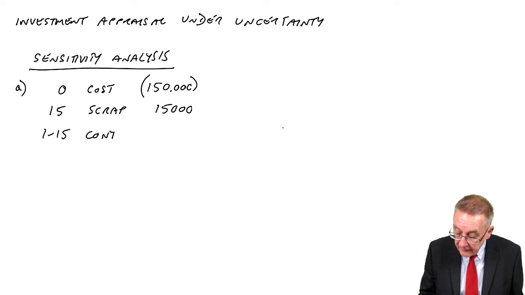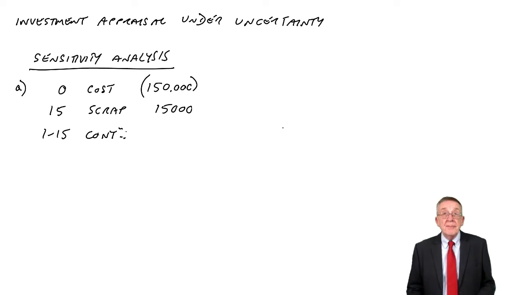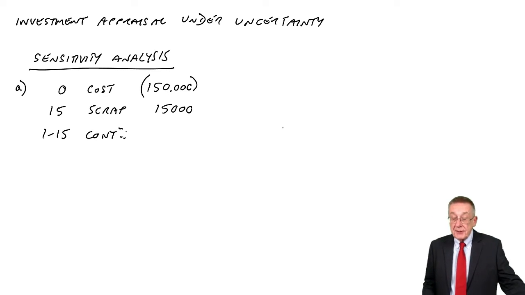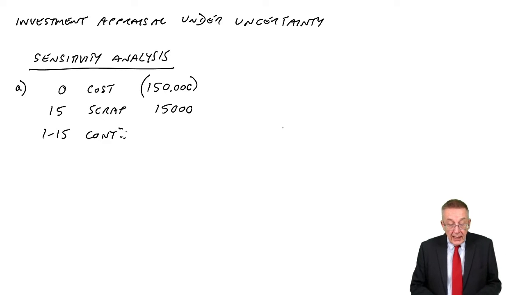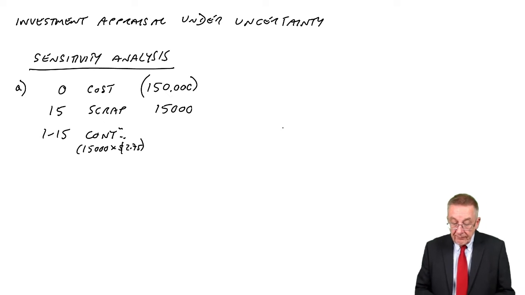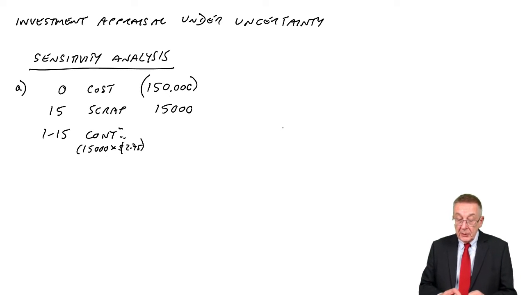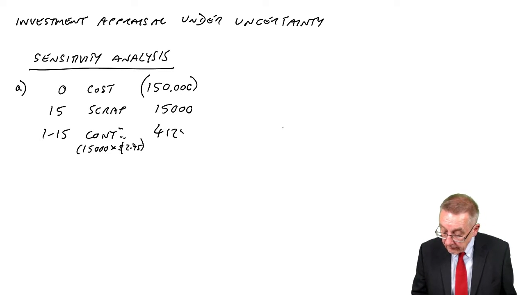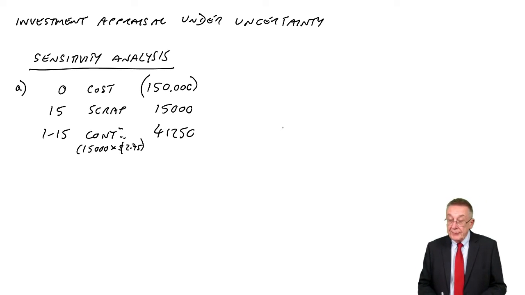And as I said, contribution is your revenue less your variable costs. So 15,000 a year at $275 a unit, effectively our operating flow, $41,250.